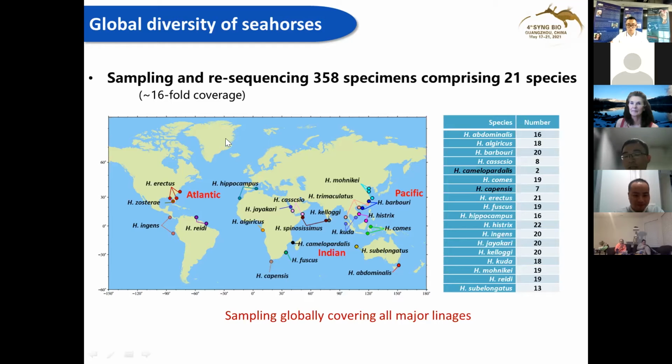Luckily, we finally got about 358 specimens comprising 21 species, which cover almost all the corners of the world and also cover the major lineages according to previous reports. And we resequenced all the specimens and got data at an average of about 16-fold coverage.